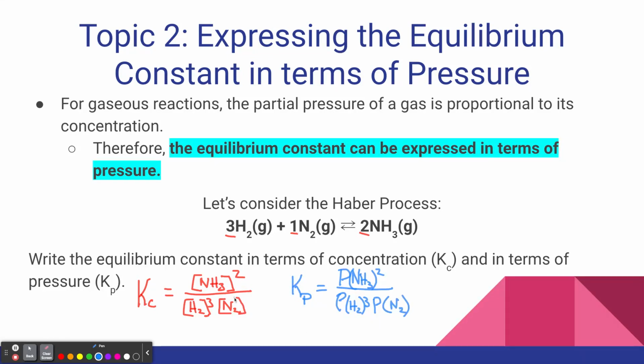And guys, you'll notice the only thing that I have swapped out here is, of course, that Kp is involving the partial pressures of these gases. Meanwhile, Kc is referring to the concentration of these gases.